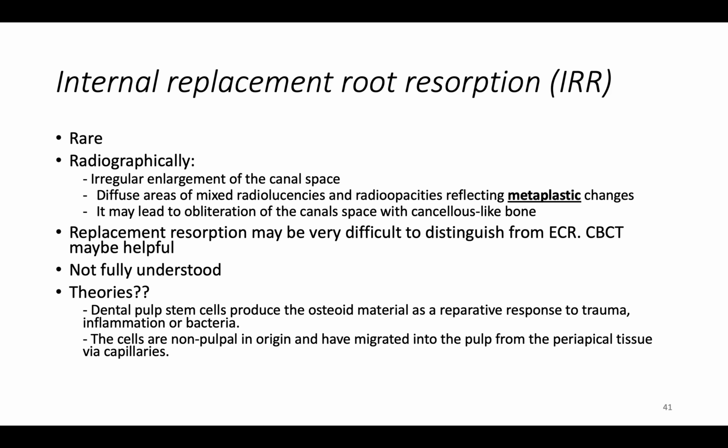On radiographs, you will see irregular enlargement of the root canal space with diffuse mixed areas of radiolucencies and radiopacities reflecting the metaplastic changes. So there is a metaplasia in the pulp tissue. The odontoblasts and the pulp tissue are transforming or becoming bone tissue. Sometimes in advanced stages, this will lead to complete obliteration of the canal space with cancellous-like bone.